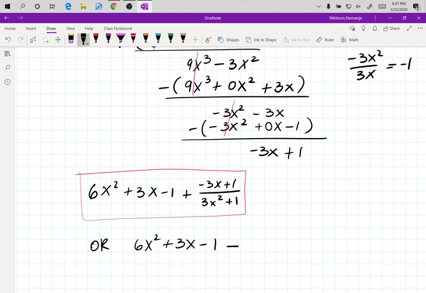So if you put a minus here, then this becomes 3x minus 1 over 3x squared plus 1. You see, this sign changed as well, because if I am to multiply this sign in, then this would become negative and this would become positive, and I need it to be positive. So you have to be very careful if you want to put the minus there. I don't care which answer you present, but the signs have to be correct in the remainder part.